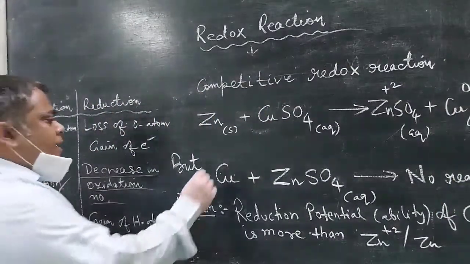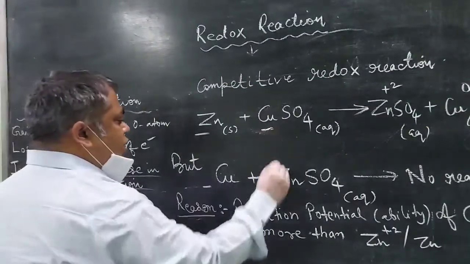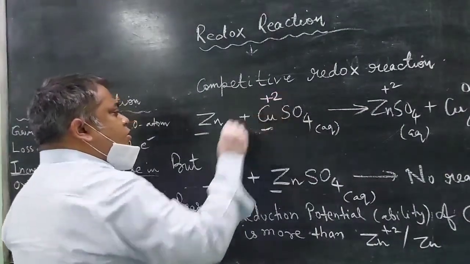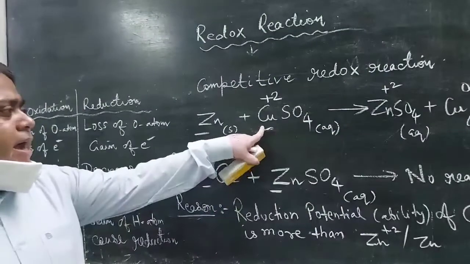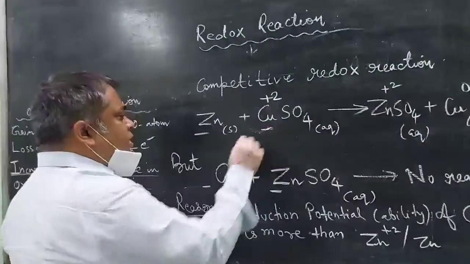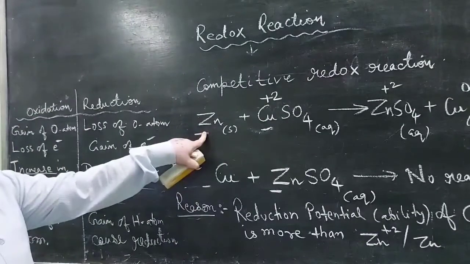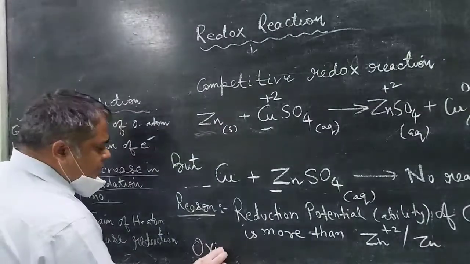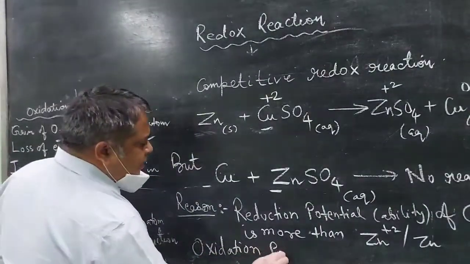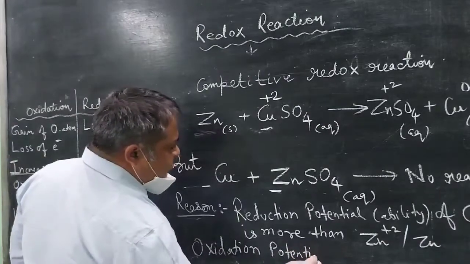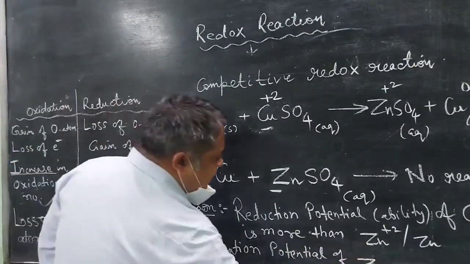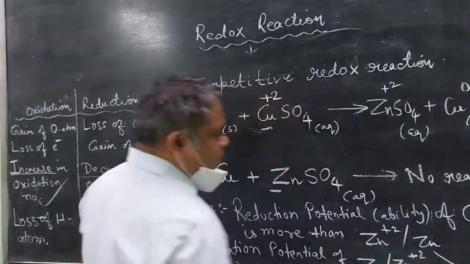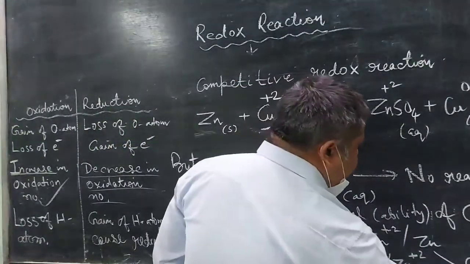Hence, if you couple copper and zinc with their corresponding salts, then a displacement reaction will be seen if copper 2+ is there. So comparatively, copper 2+ has more potential to gain electron and zinc has more potential to lose electron. So we can also say that the oxidation potential, meaning ability to oxidize, of zinc to become zinc 2+ is more than copper to become copper 2+.